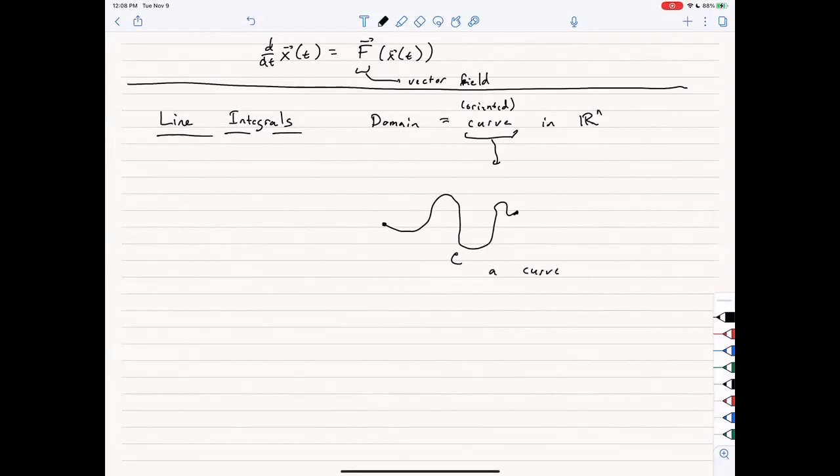Now, this is not to be confused with a path. By path, I mean a parametrized curve. What's the difference? People know? People want to tell me?